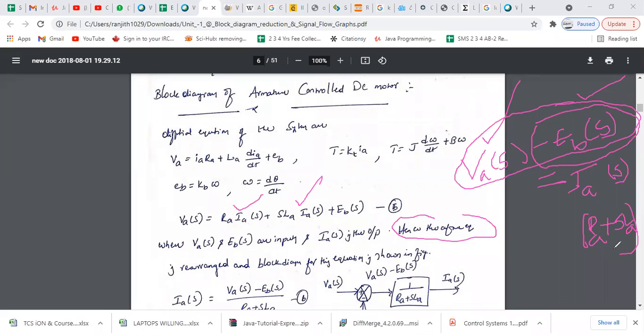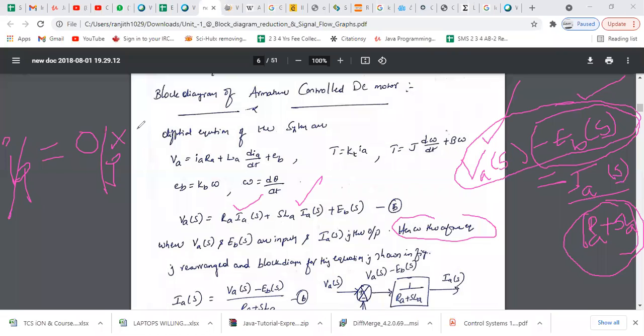So input equals, what is the output here? IA of S. Input equals output into some constant.